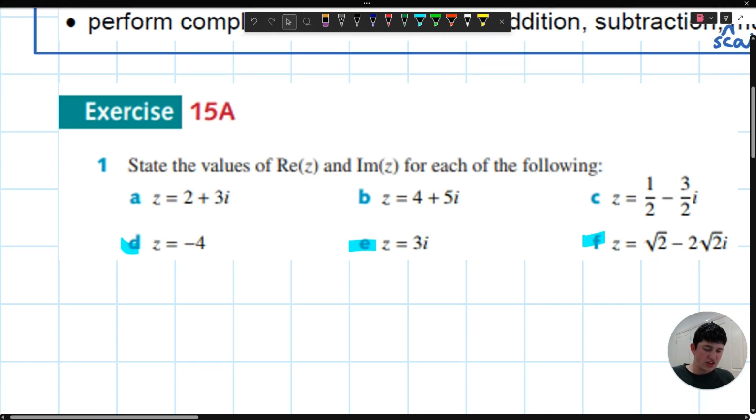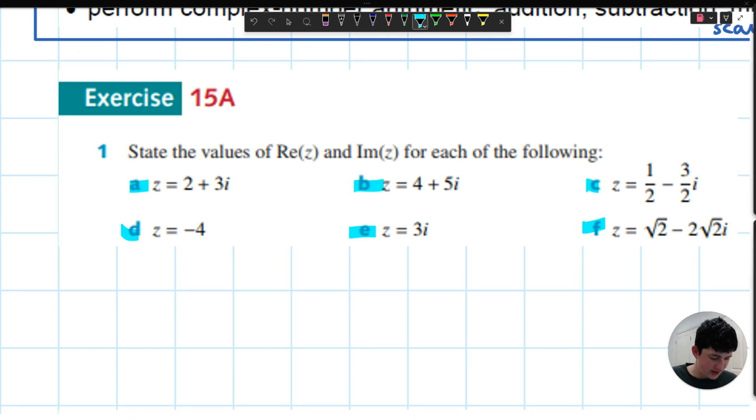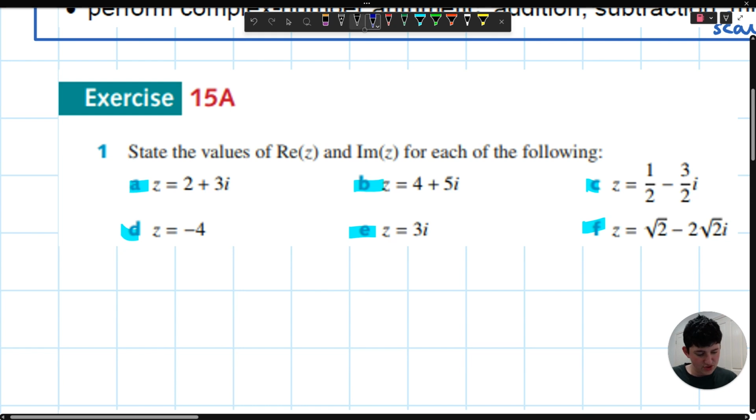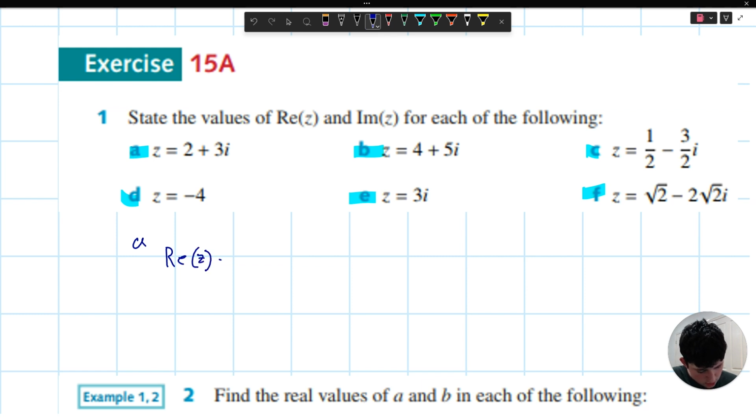Let's start. State the values of the real and imaginary parts of z for each of the following. Let's do all of them, shall we? Now for A, Re of z equals 2. Im, imaginary of z, equals 3.